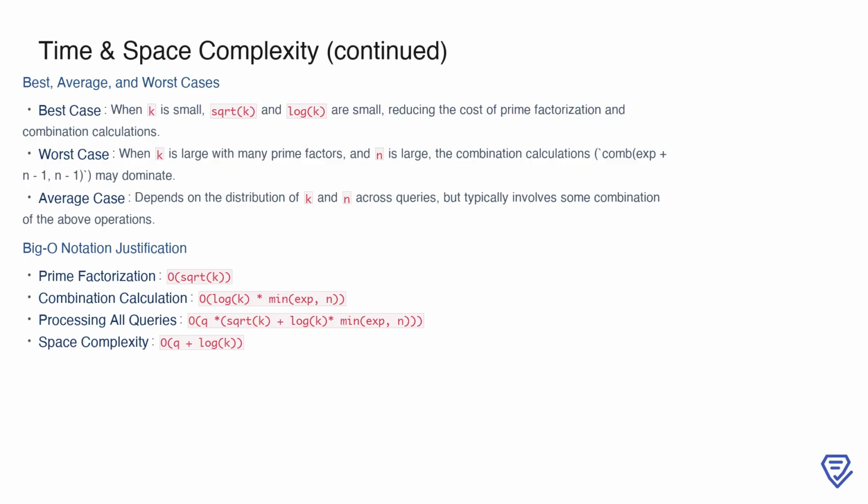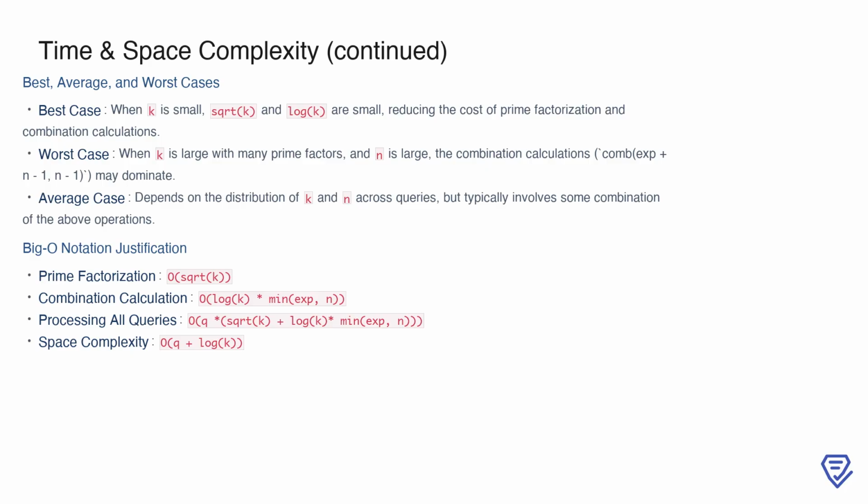On the other hand, the worst-case scenario occurs when k is large, particularly if it has many distinct prime factors, and n is also large. Under these conditions, the combination calculations, such as comb(exp + n - 1, n - 1), may dominate the runtime. For the average case, the cost depends on the distribution of k and n across the queries. Typically, it involves a mix of these operations.